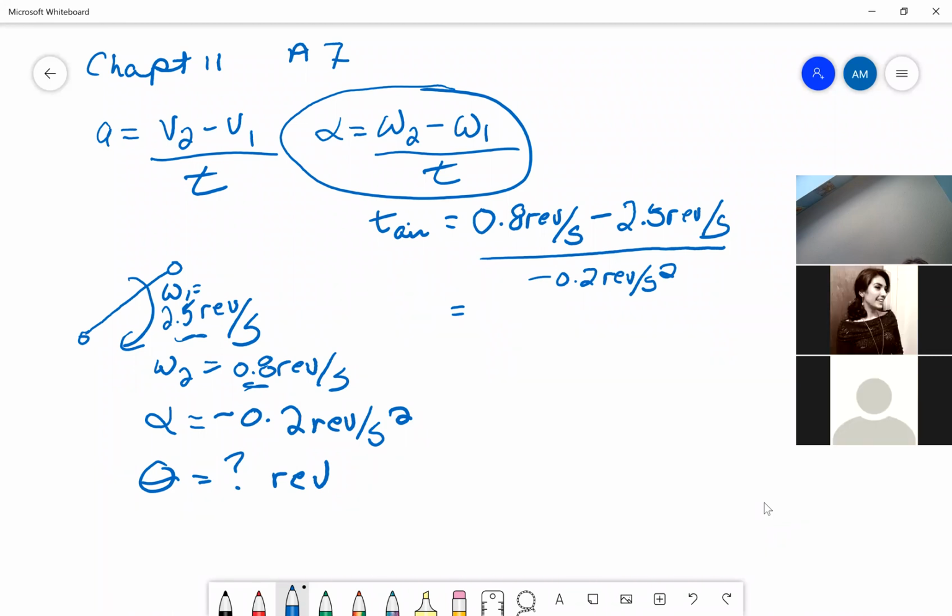It's 8.5 seconds. 8.5 seconds, perfect. Yes. Perfect. So everybody sees that. So we have that time in air, and we want to know how many revolutions they were doing.